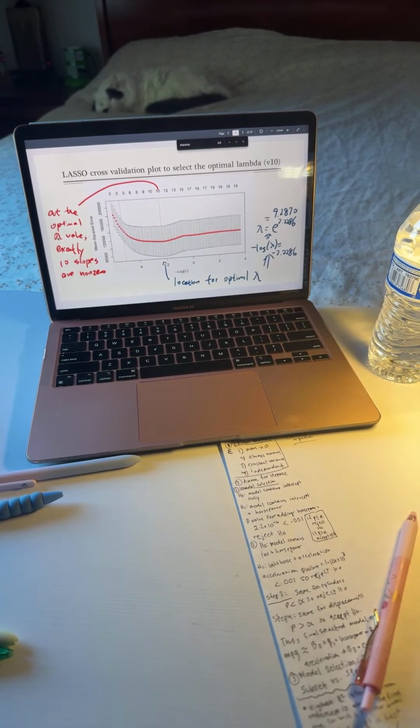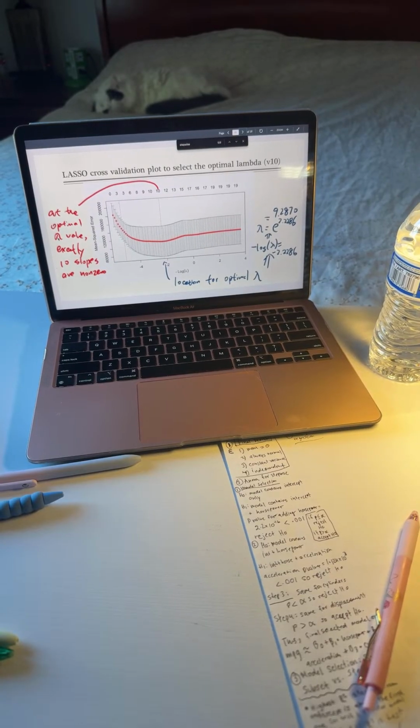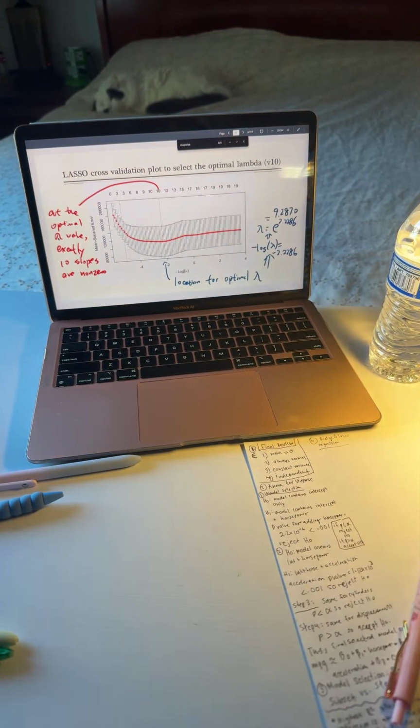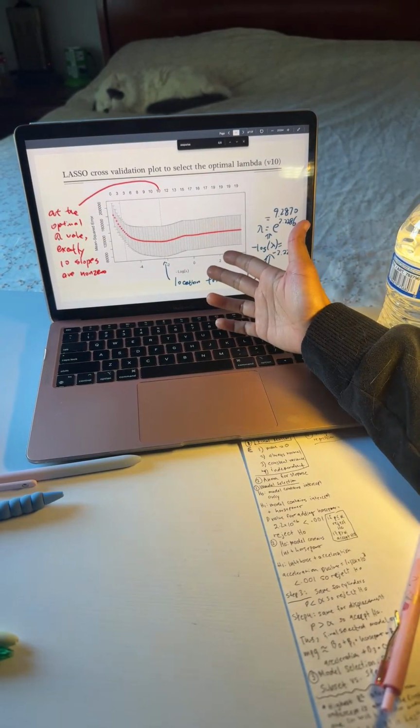Exactly 10 slopes are non-zero. What do you mean non-zero? It's like literally all above 0. Let's see, mean over here.